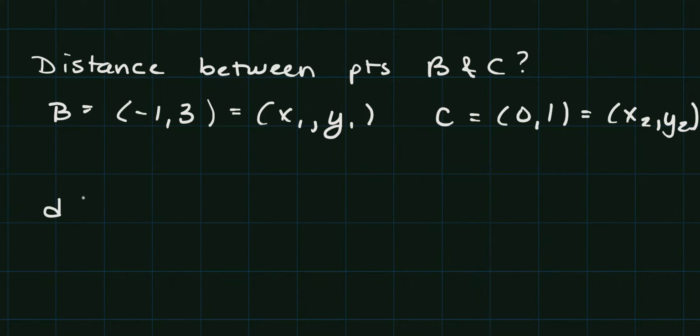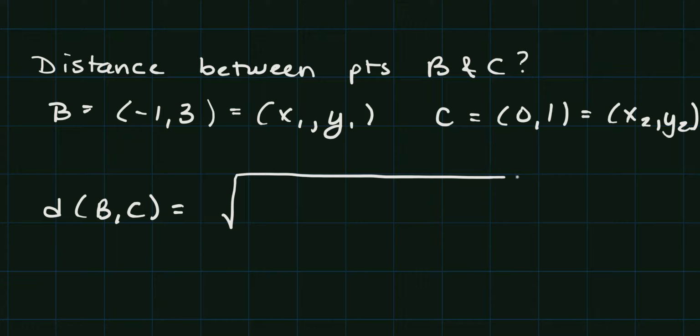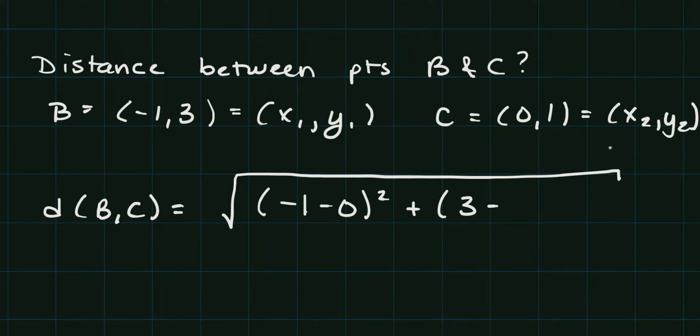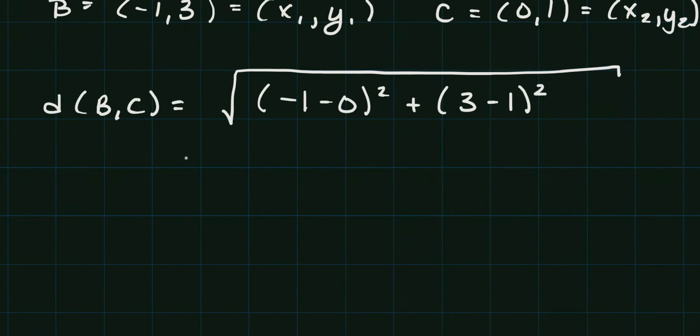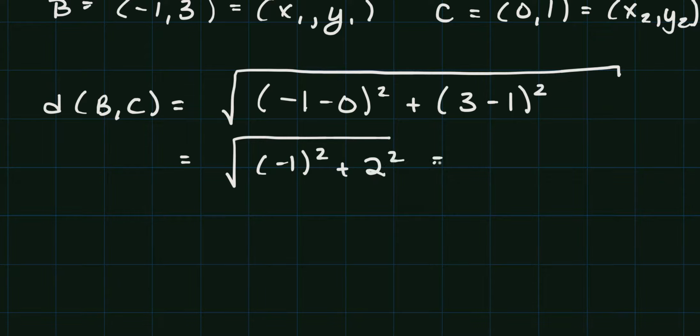And now the distance between B and C is the square root. We take x1 and subtract x2, so that's -1 minus 0 squared plus y1 minus y2. So we get the square root of -1 squared plus 2 squared, which is 1 plus 4, which is the square root of 5.